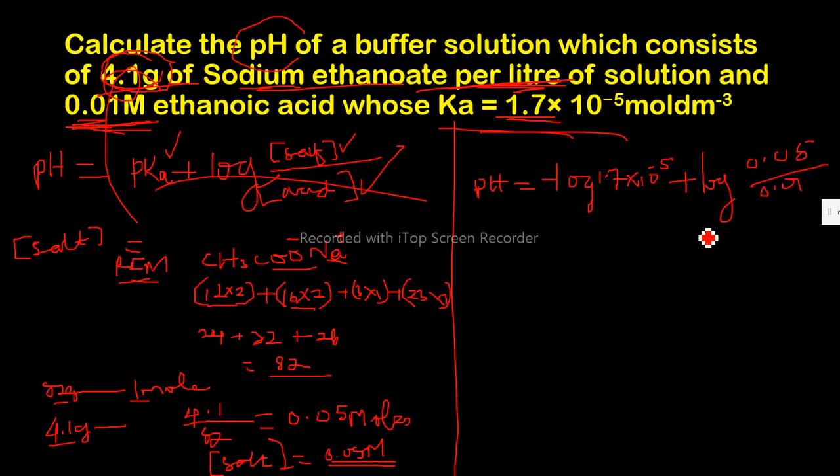So what will be the answer? This one is plus log of 5. What is negative log of 1.7 times 10 power negative 5? We shall get 4.76.